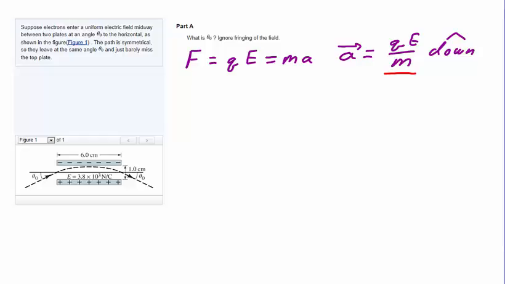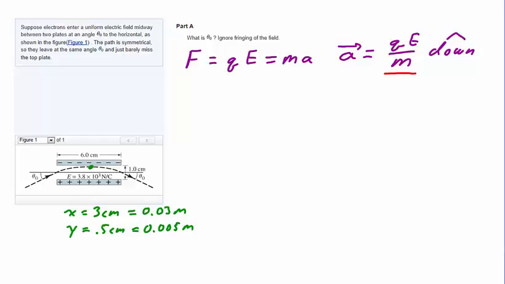The singular interesting aspect of this trajectory is found here at the peak of the trajectory. We recognize that that location is x of 3 centimeters or 0.03 meters, and that location has a y of half a centimeter or 0.005 meters.